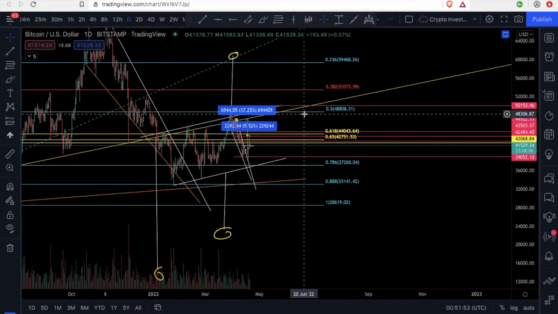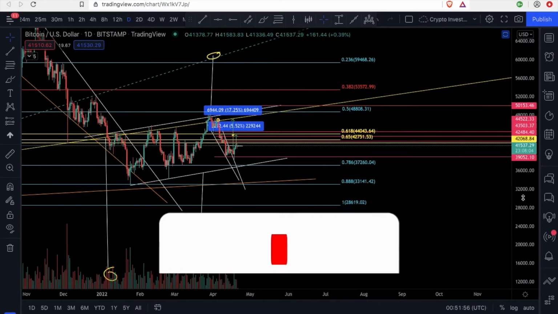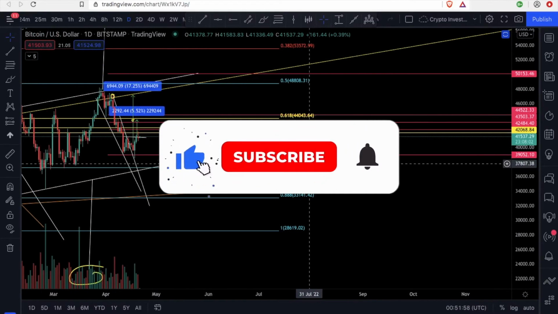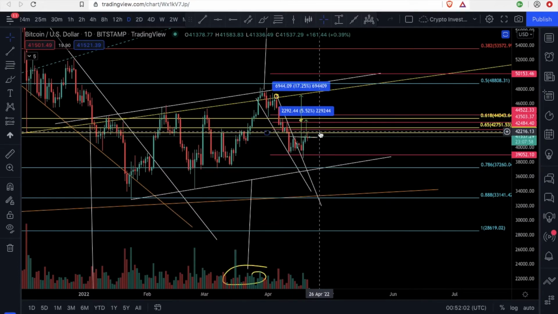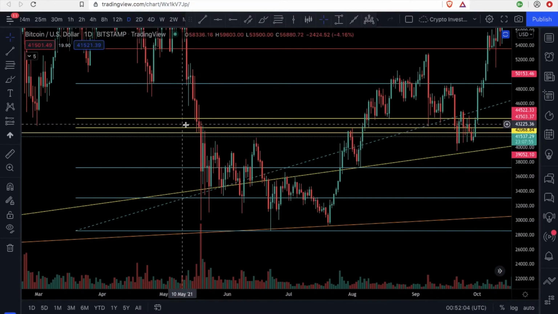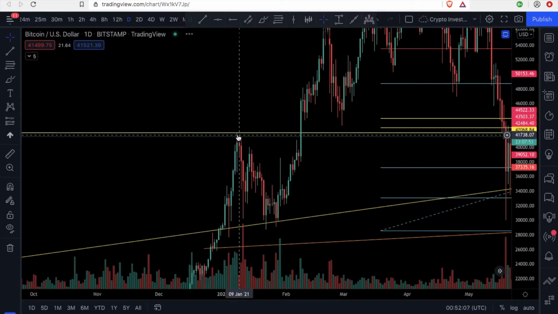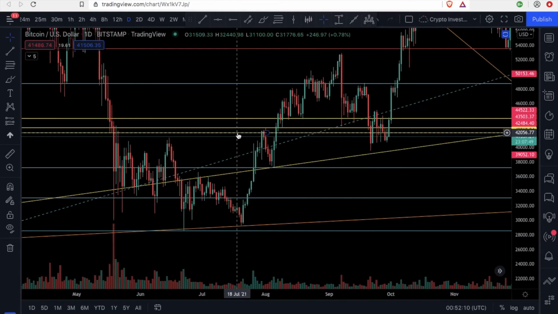Beautiful. So right here, guys, you can see that the Bitcoin price is finding very strong resistance with this yellow line. And this yellow line is not the Fibonacci retracement, it's this one. This top, for some reason, just keeps adding more confluence.